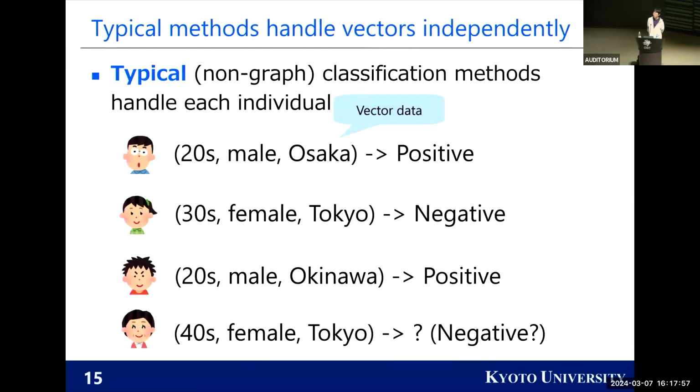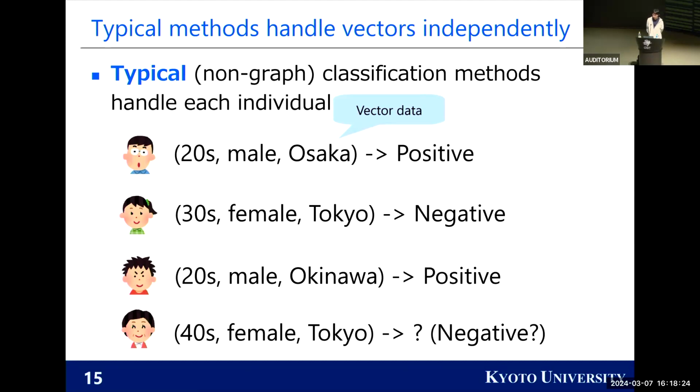And first, we consider typical classical methods like neural networks, such as multi-layer perceptron, and SVM and random forest. Such methods handle each individual separately. The typical procedure would first construct a feature vector, like he's in his 20s and he's male and he lives in Osaka and so on.